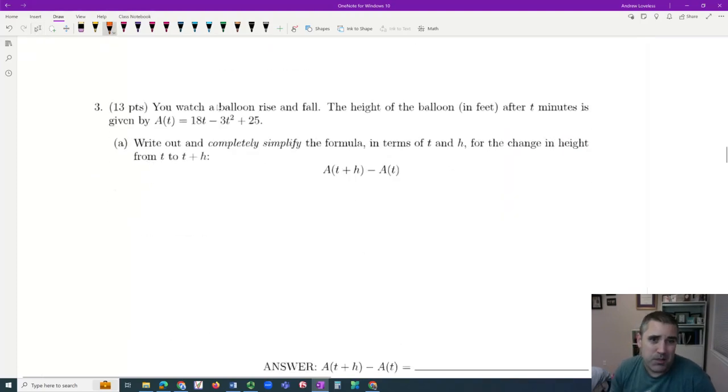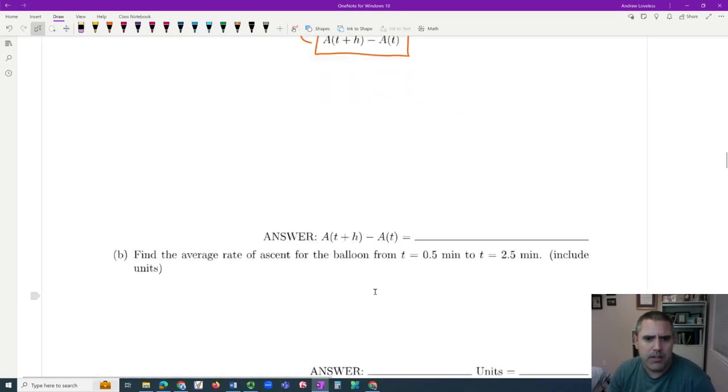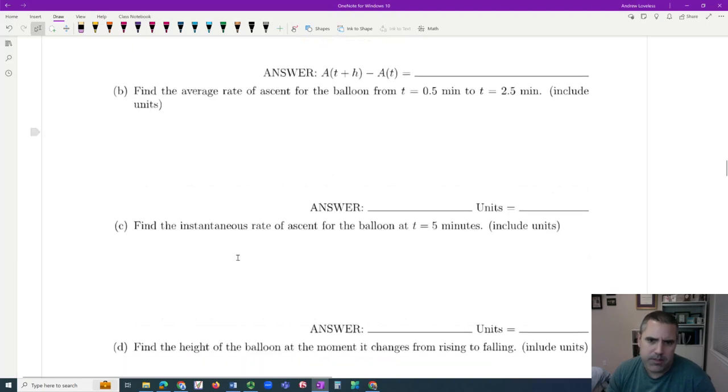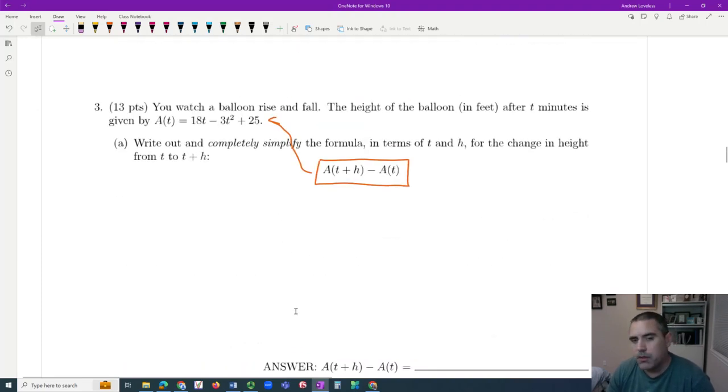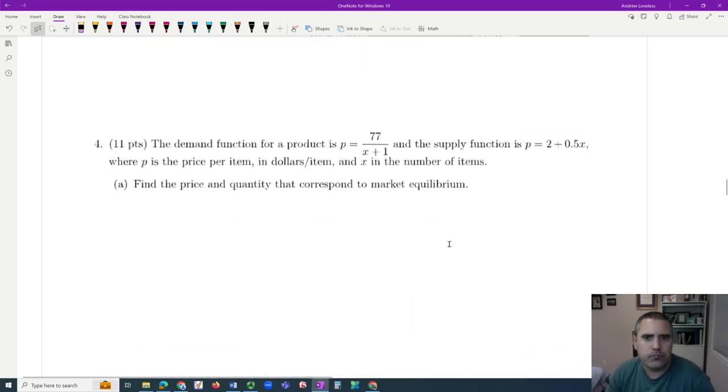You'll see this functional notation. This is a skill we build up, being able to write this. Instantaneous rate. So this is more a foundational piece. That's what we'll be doing at the beginning of chapter 9.